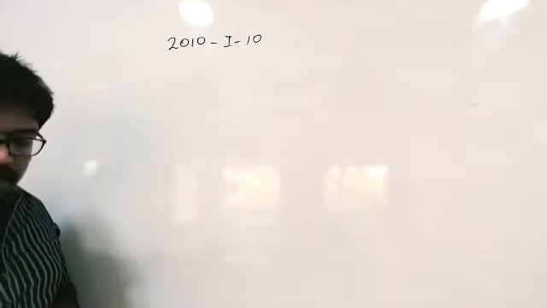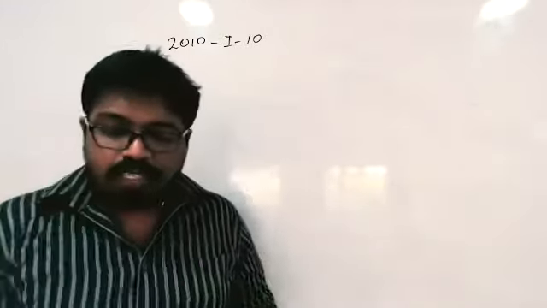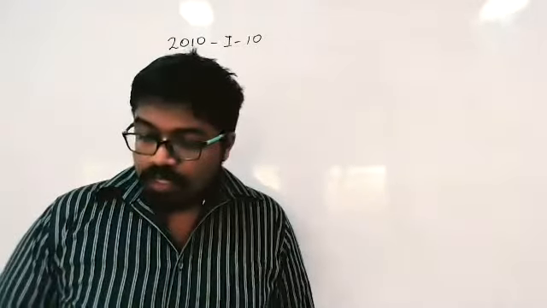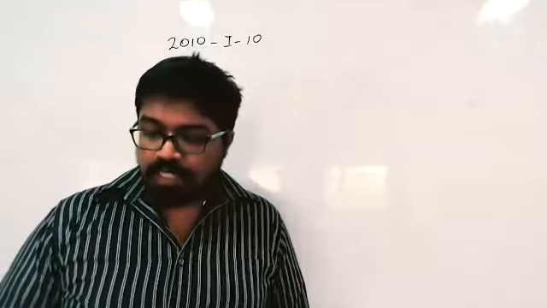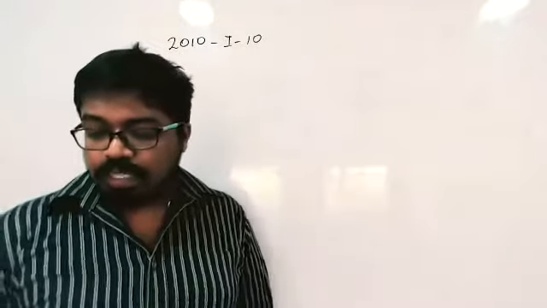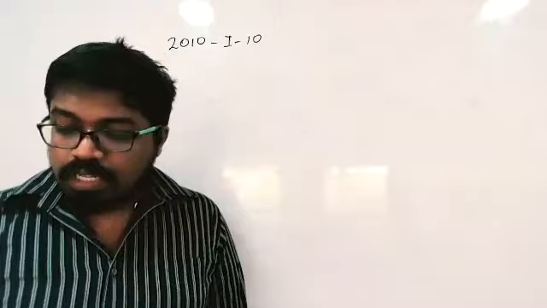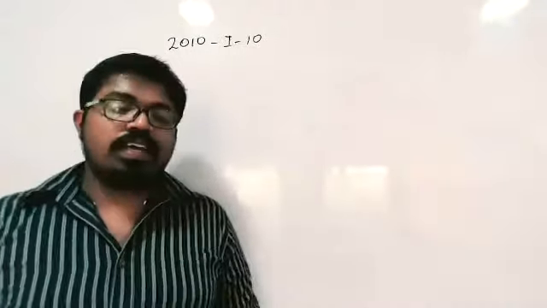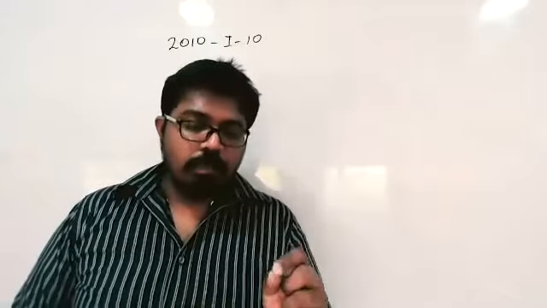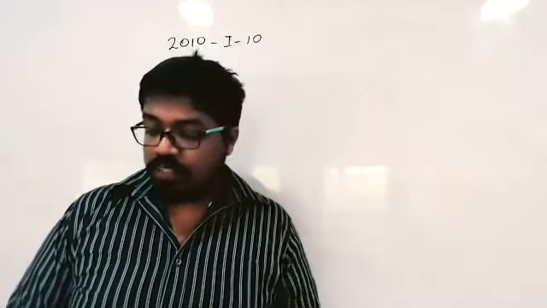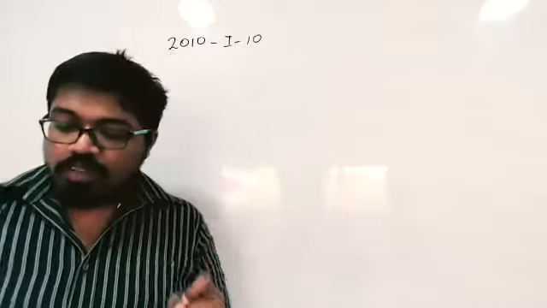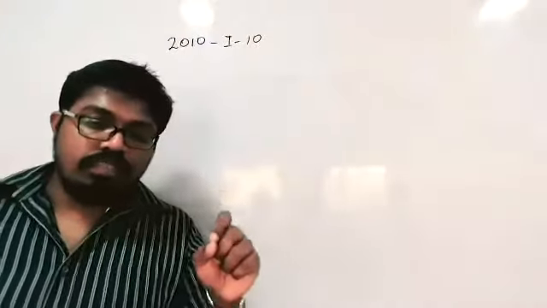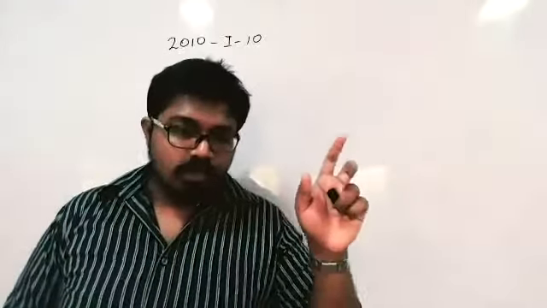A teacher enters the number of students in the class as 35 into the computer using the keyboard. This number is represented in the random access memory of the computer in binary form. The number of students stored in RAM is... It's an unwanted paragraph they gave. The simplest way of conveying this question is: you have to find the binary equivalent of the decimal number 35. That is your question. Very simple question.